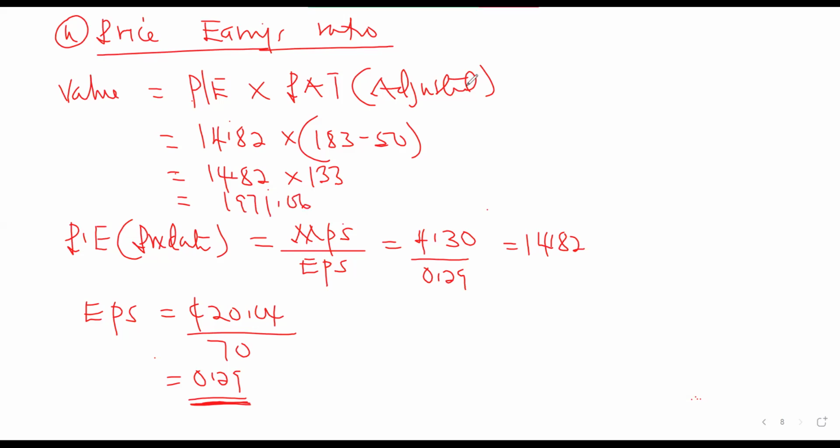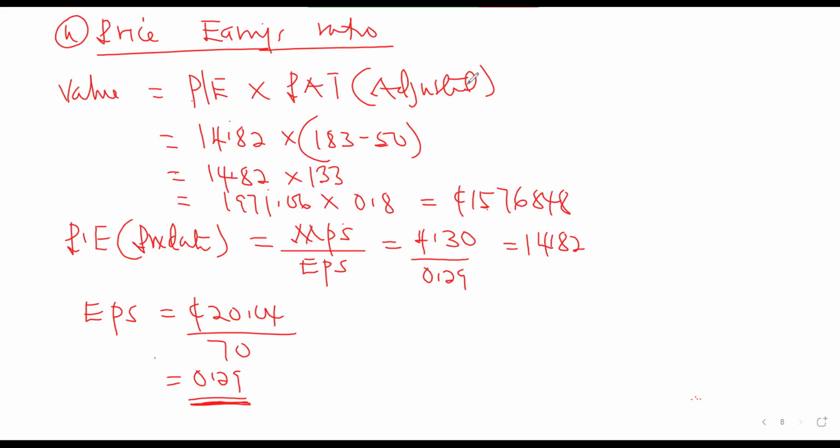Then we multiply this by, let's say, 80%. So what are we having? I'm having 157,684,8.